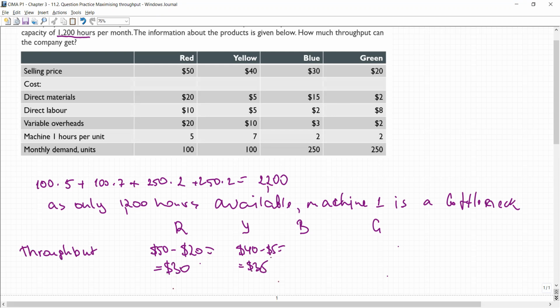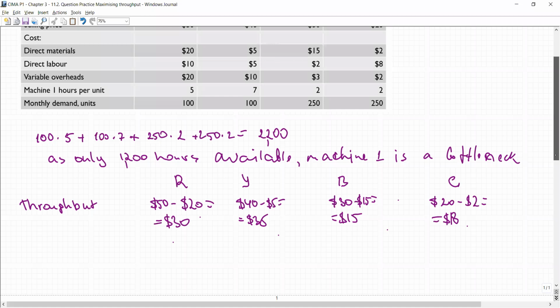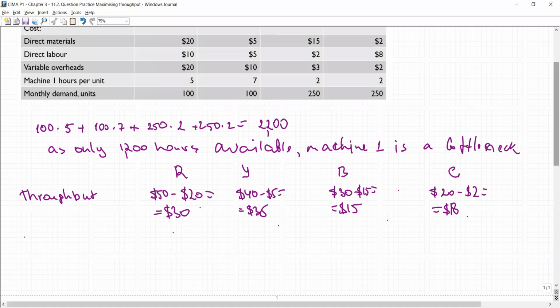For product blue, it's going to be 30 minus 15, which equals 15. And for product green, it's 20 minus 2, which gives us 18. So this is throughput, and this throughput will require some hours of bottleneck resource.